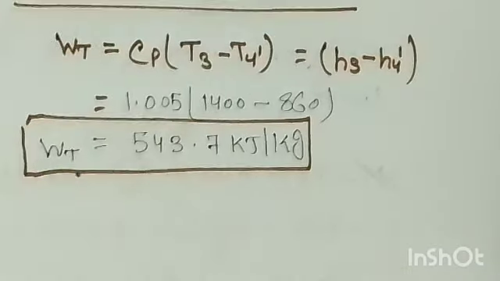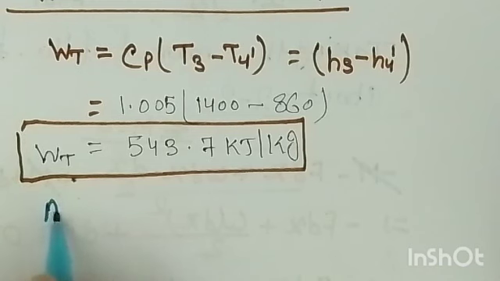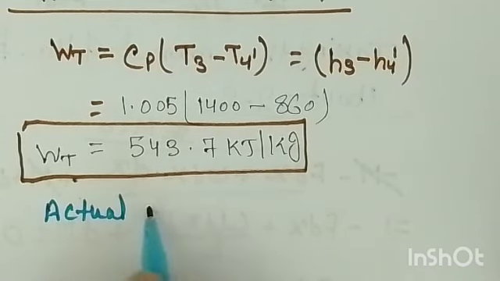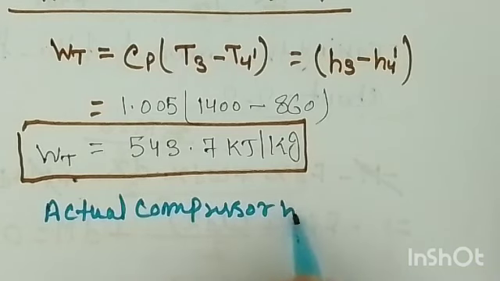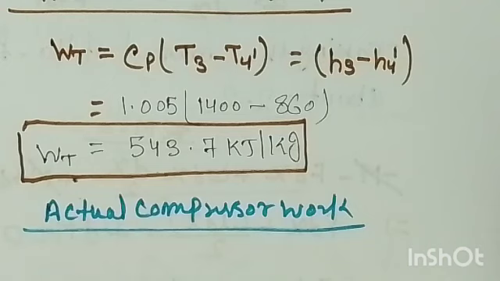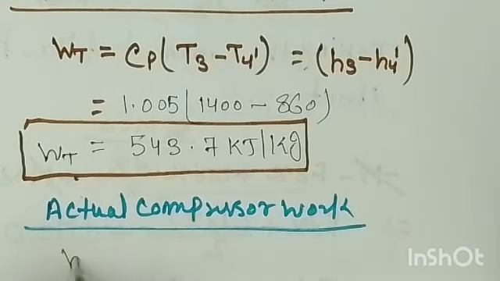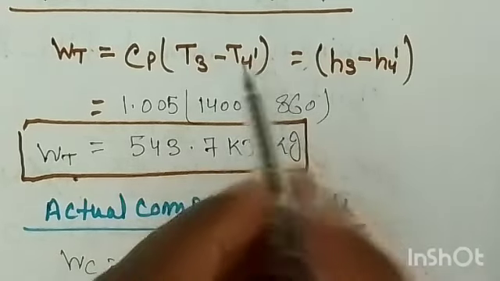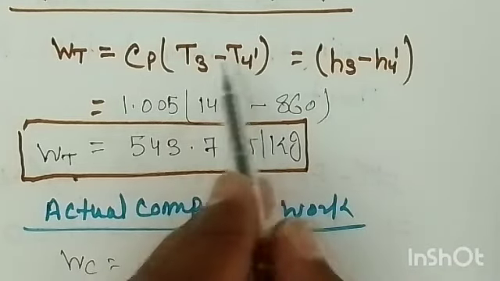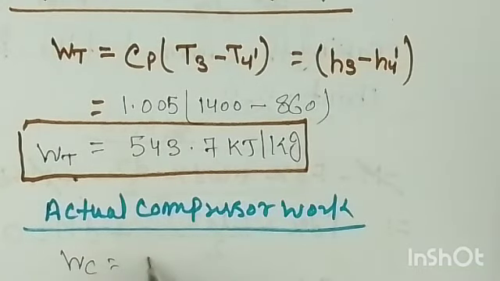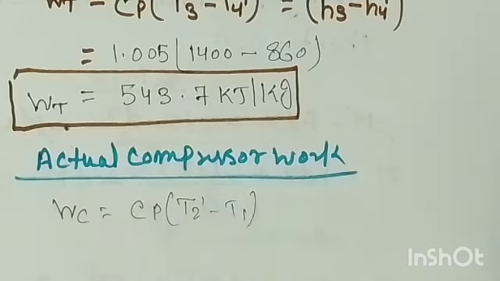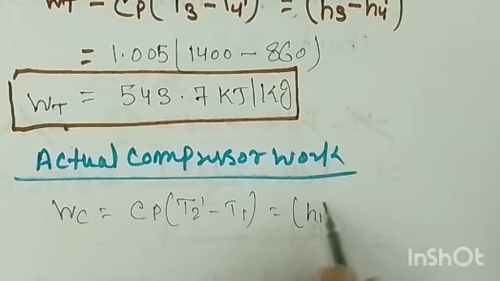So the actual compressor work WC is equal to Cp into T2 dash minus T1, or in terms of enthalpy, H2 dash minus H1.